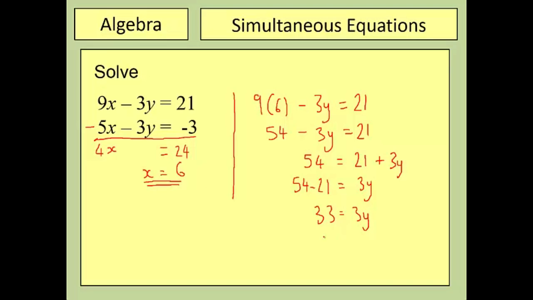And at this point you might want to flip it round into a form so that the y is on the left, because you're more familiar with that. So 3y equals 33, in which case y must equal 33 divided by 3, which is 11. So the solution to this one is x equals 6, y equals 11.